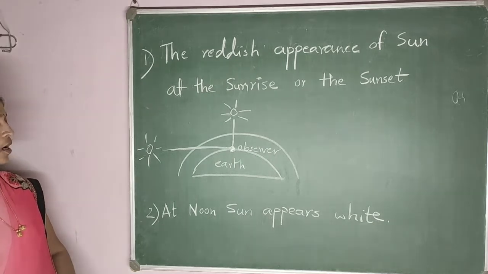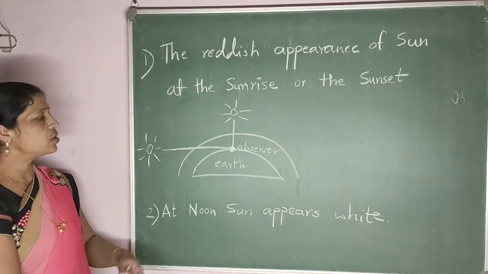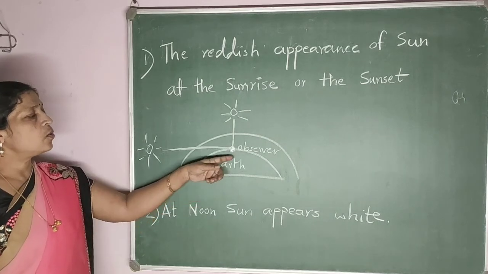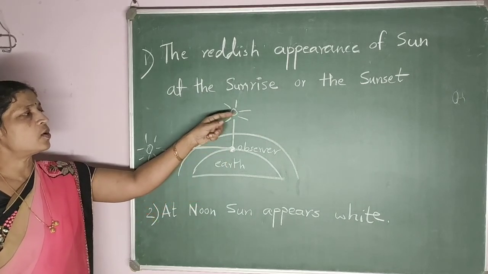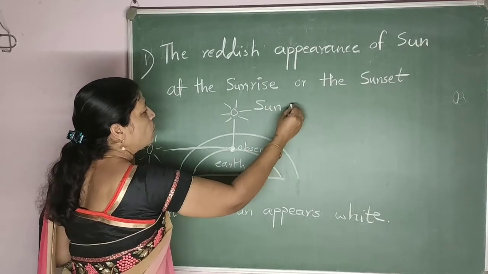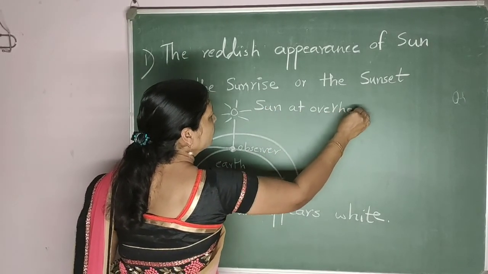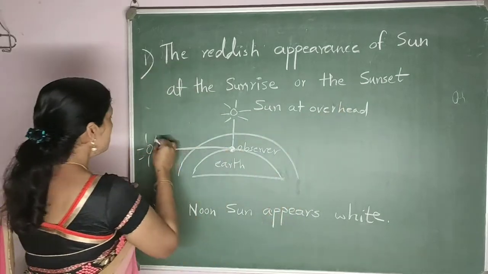Second reason, at noon the sun appears white. Again you see the diagram. During noon time, the sun is overhead. Here, the sun is near the horizon.